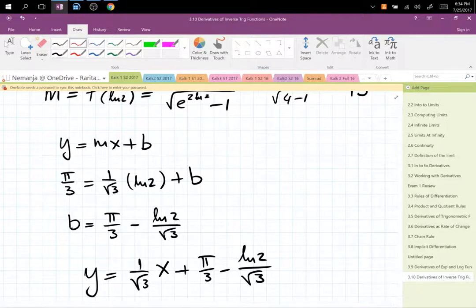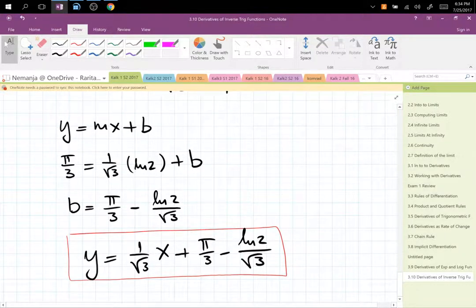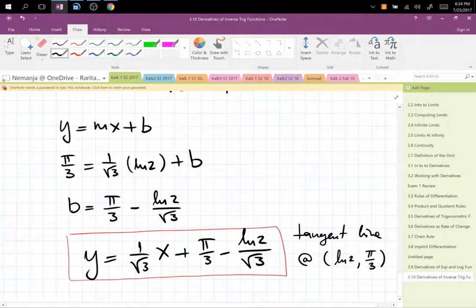So it's just a little bit convoluted with calculations, but the procedure is always the same. Find the derivative. Once you have the derivative, find the y value if you need to, and then plug everything into y equals mx plus b to find b. You have m, you have b, plug those back in, and there you go. So this is the tangent line at ln 2 comma pi over 3. Done.